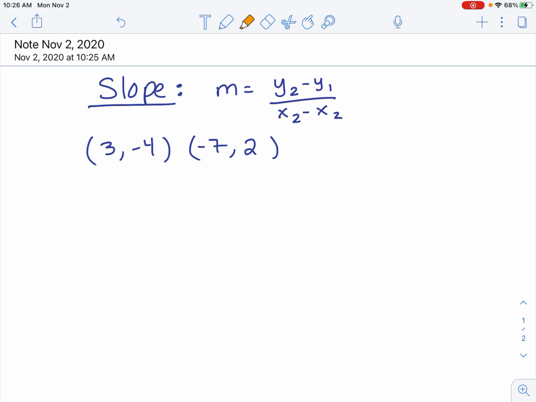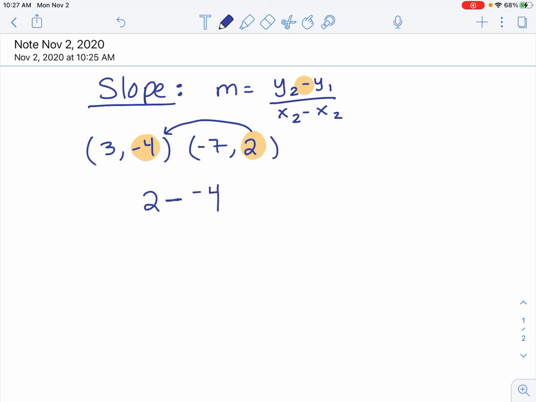So what you want to do is you want to start all the way on the right with the last point. That last point is 2, so I'm going to put the 2 down first. Then I'm going to do the other y value, which is -4. But I have to always do minus. So I have to do minus and then the -4.